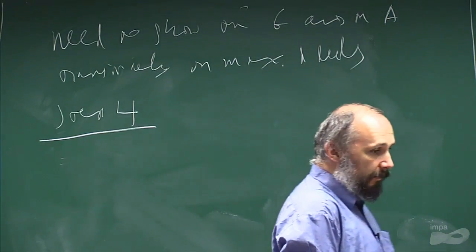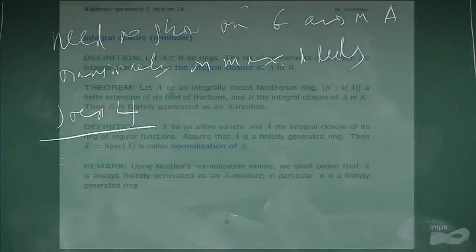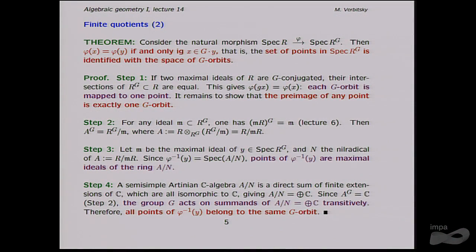So this ring is finite dimensional over C. Is it actually explained here? Sorry. It's not explained here, but it's not hard. It's left for you as an exercise.